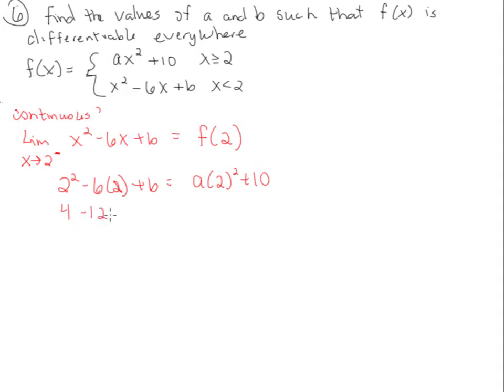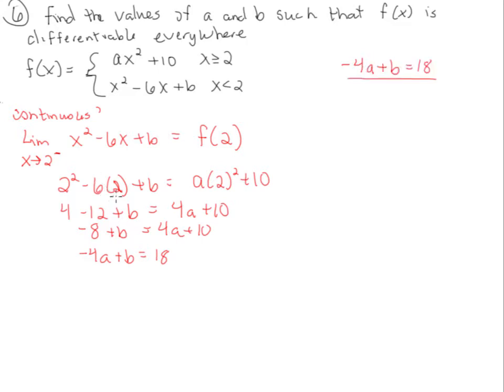Simplifying this equation down and getting a and b on one side, we find that -4a plus b must equal a positive 18. I'll write this equation up here so I can remember it for our next part.